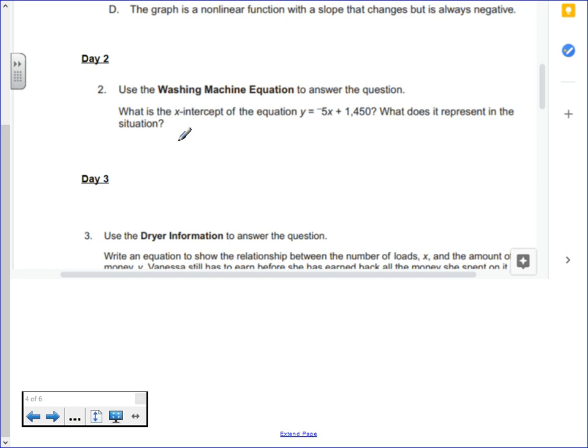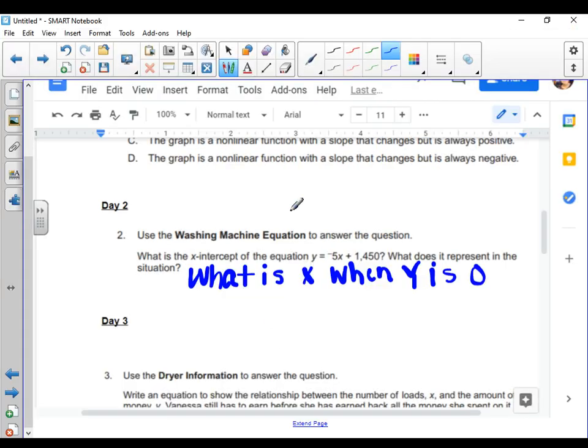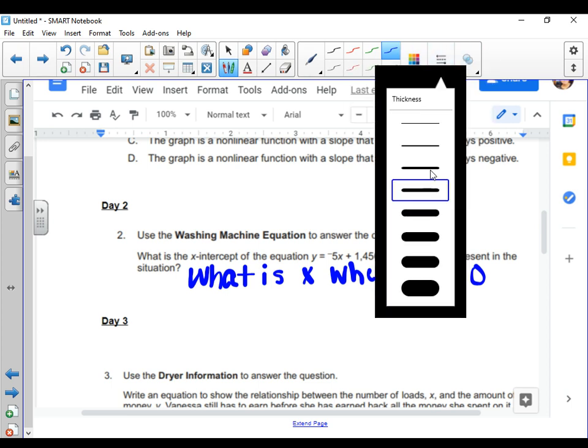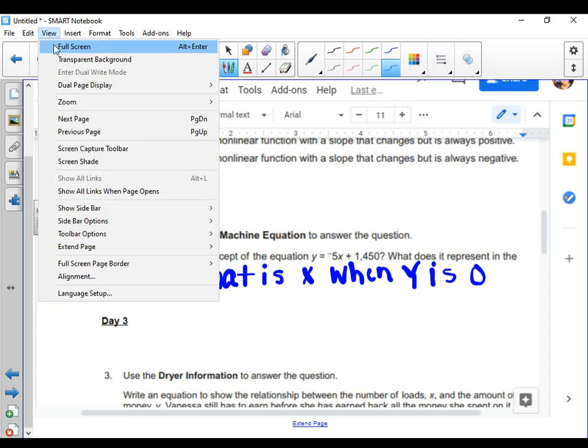So today, day 2, it says, what is the x-intercept of the equation? So if you want the x-intercept, that is what is x when y is 0. So what we're going to do is make our y 0 and solve for x.